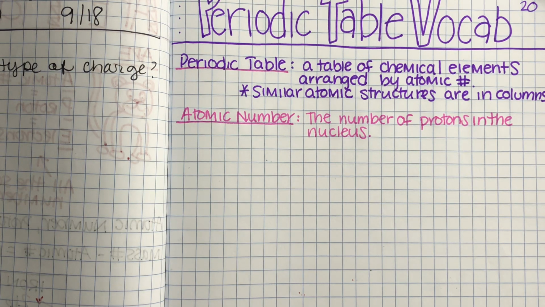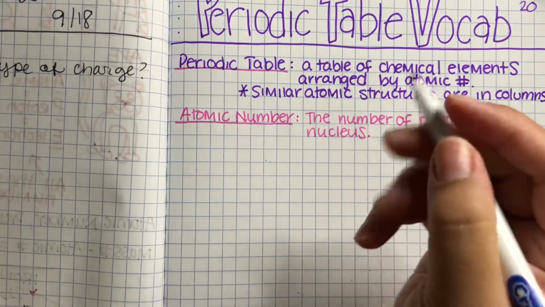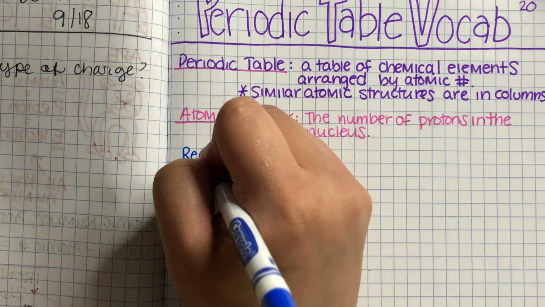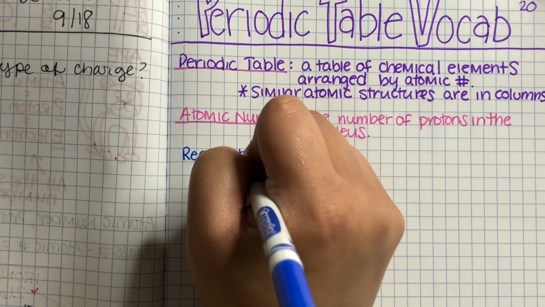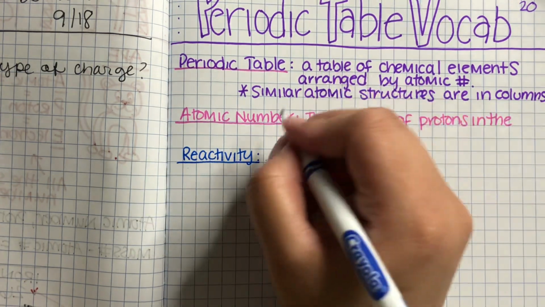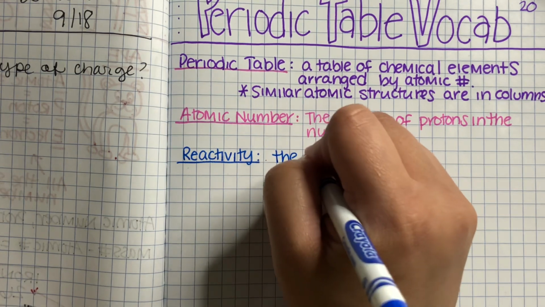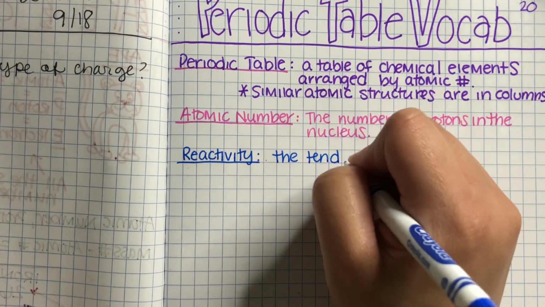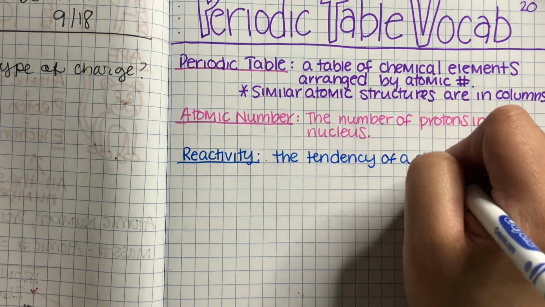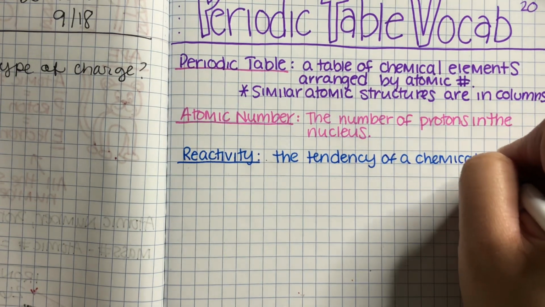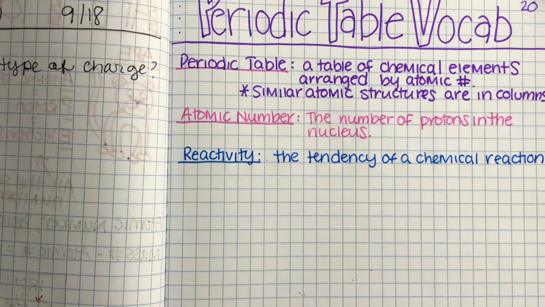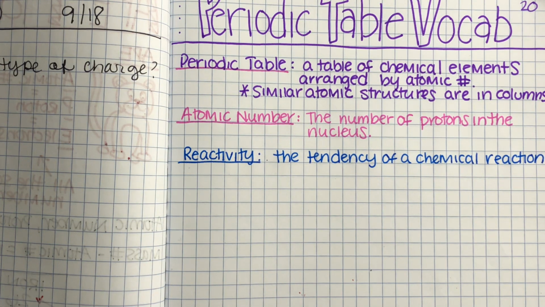All right, next we have reactivity. Okay, and that is the tendency of a chemical reaction. So chemical reactions are when it changes from whatever it is.